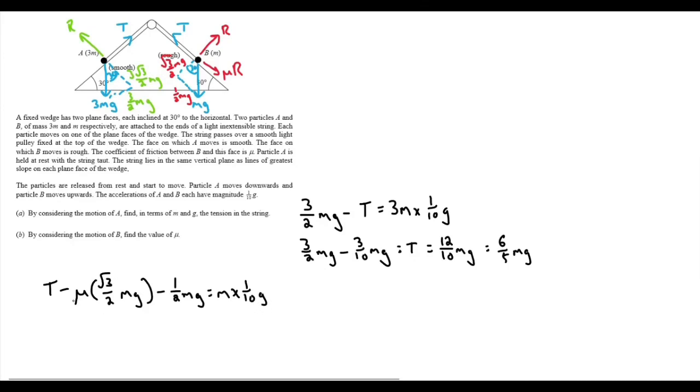So if we're at this point looking to work out what mu is, we want to add that term onto the other side and minus this one over here. So you'll get that the T we know is the 6/5 mg, minus the half mg, now also minus the 10th mg, equals mu root 3/2 mg.